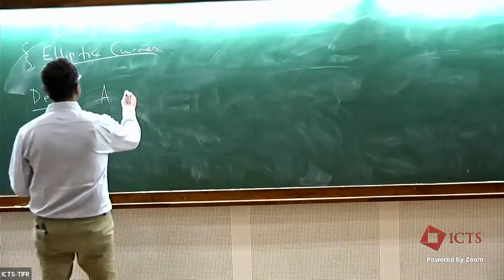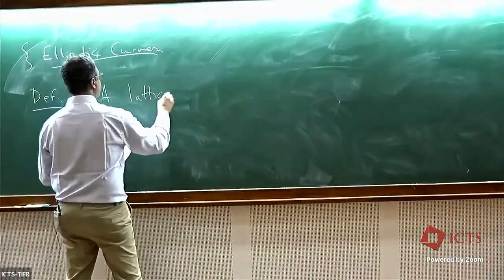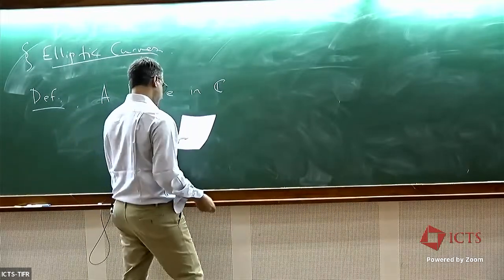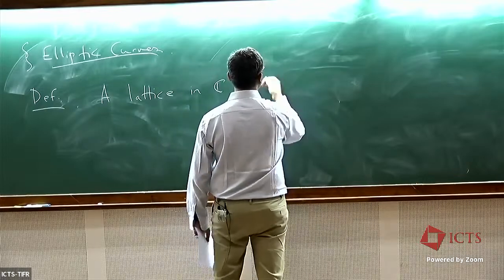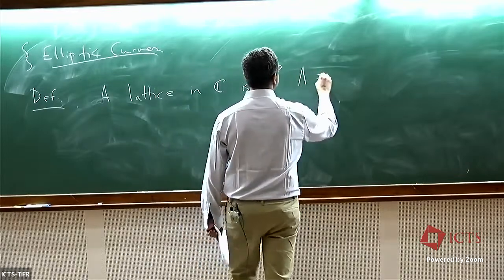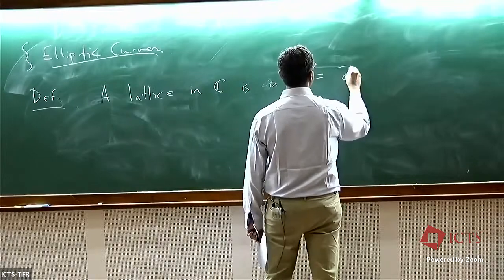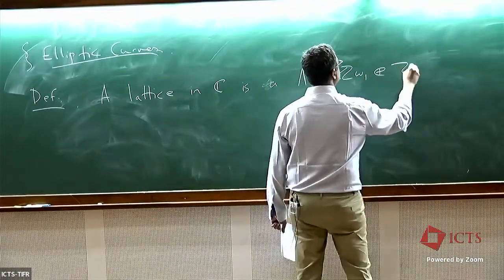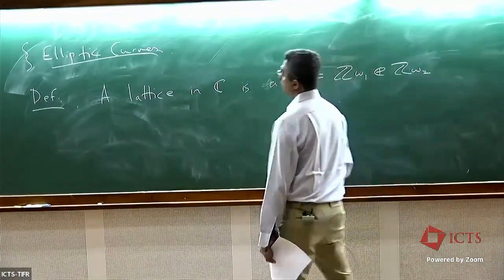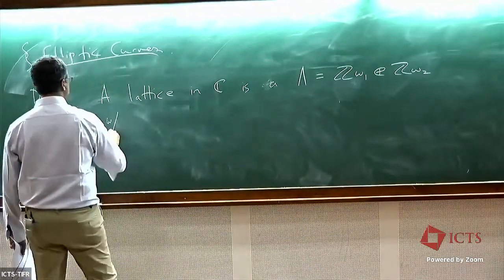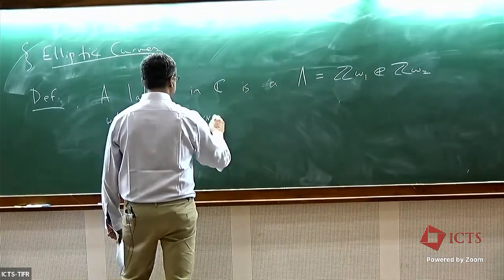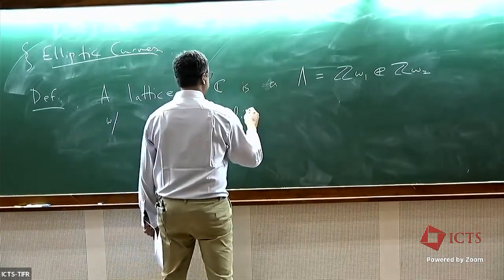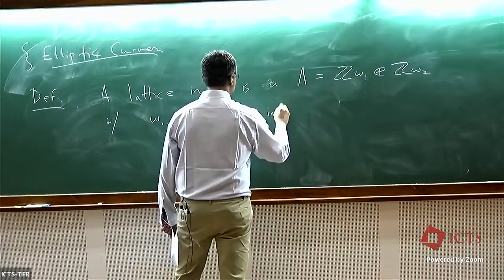So a lattice in C is, well, let me just say, a subgroup of C of the form Z omega 1 plus Z omega 2, where omega 1 and omega 2 are linearly independent over R vectors.